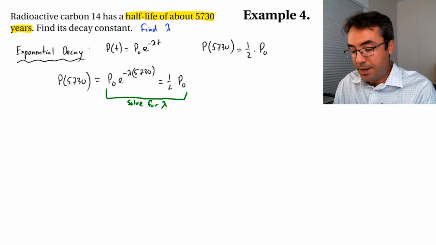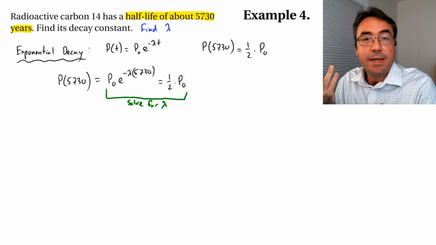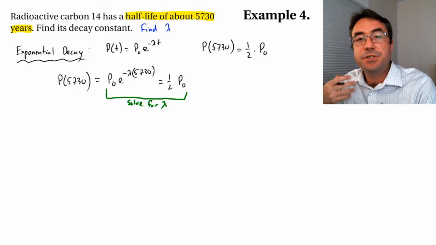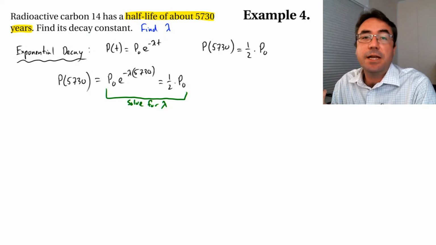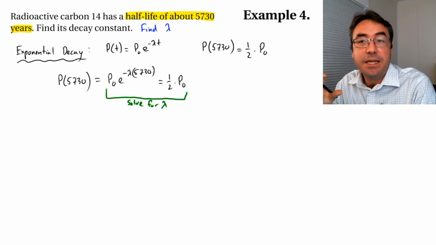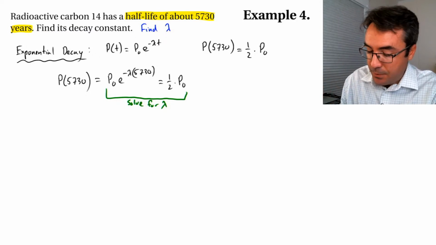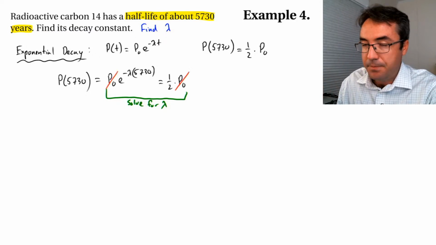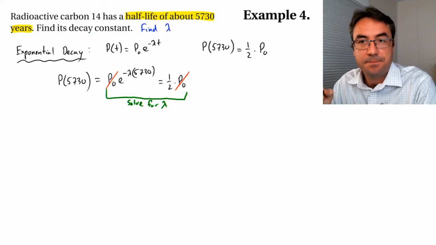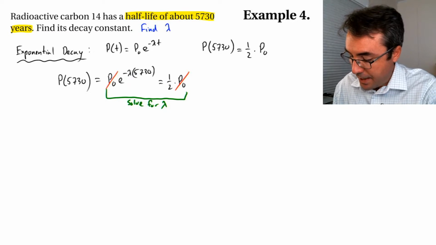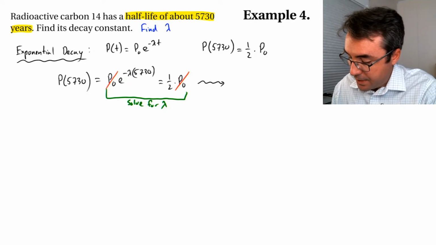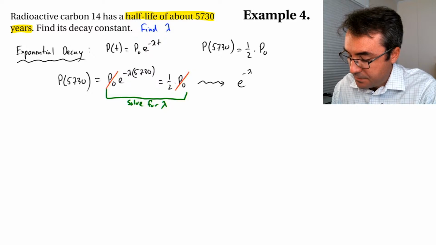Now if we look at this equation, we want to get lambda by itself. So we just start unraveling it, and the first thing we want to do is get that exponential term, the e term, by itself, and we divide both sides by P0, and those just cancel off. So if we do that, we get the equation e raised to the negative lambda times 5,730 is equal to 1/2.